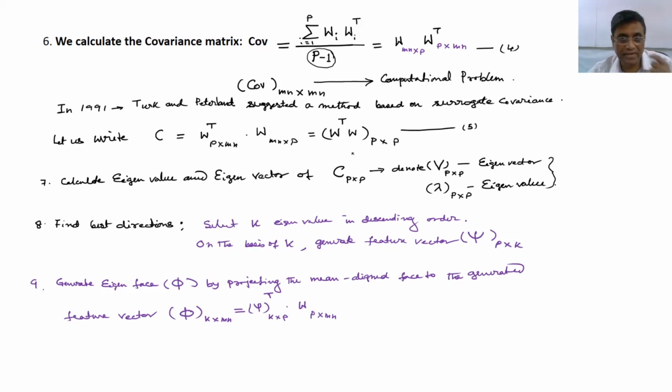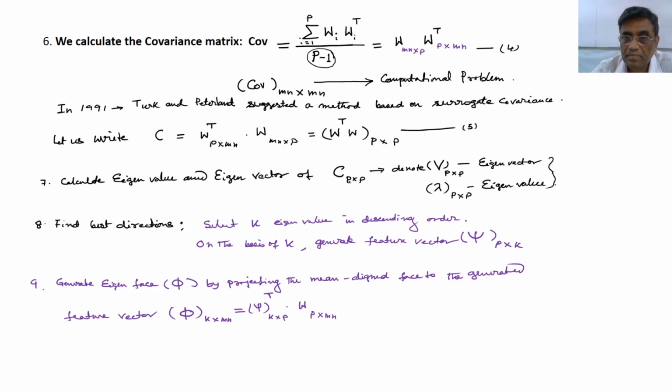So instead of calculating the covariance of the original matrix, we calculate the covariance of the surrogate matrix using this formula, and then on this covariance matrix we do eigenvalue decomposition.